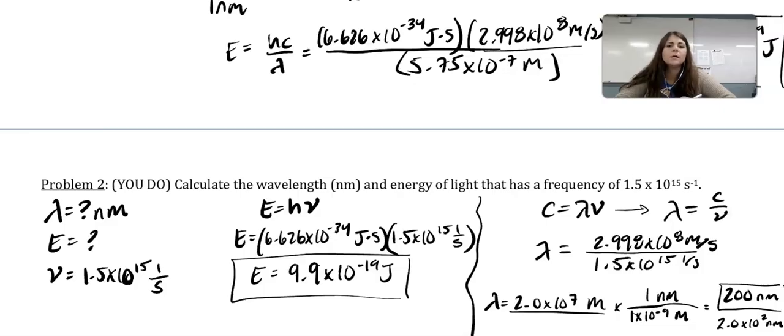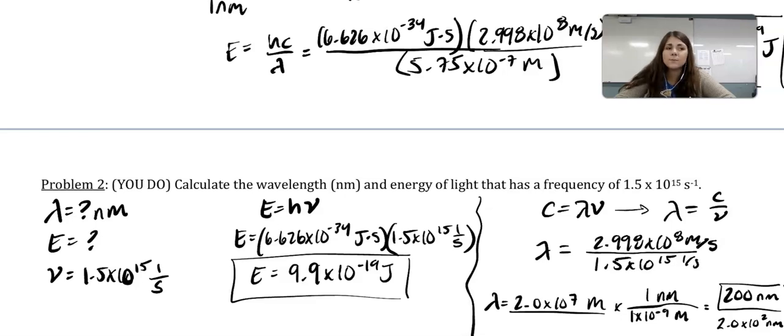In the second part, we're going to use speed of light equals wavelength times frequency. I ended up rearranging it to get wavelength by itself, so c over frequency. I divided speed of light by that frequency, and I got 2.0 times 10 to the 7 meters, but we're not done. We need to convert to nanometers. I ended up getting 200 nanometers.